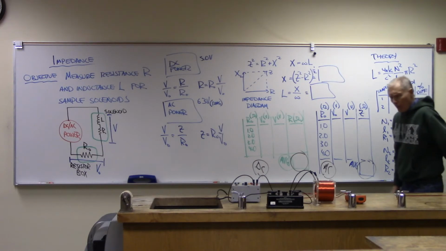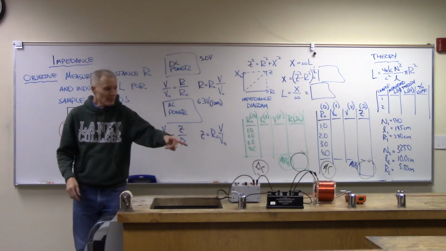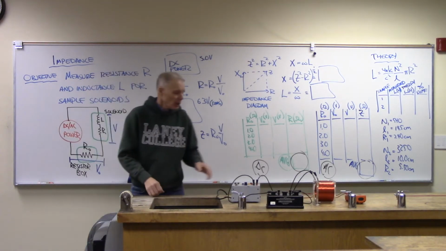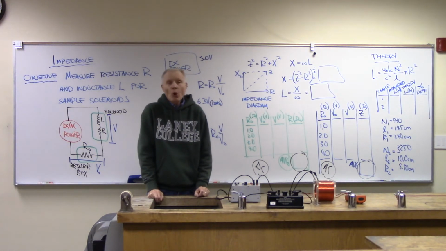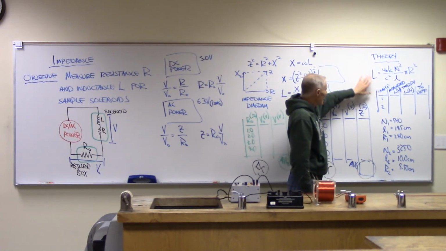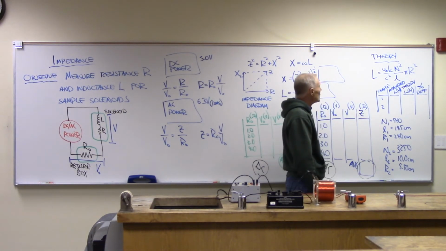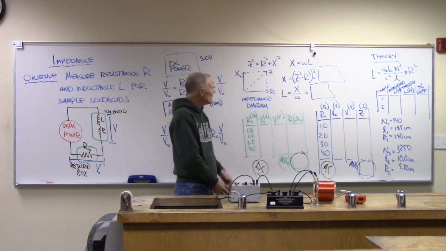Our method here is actually pretty reliable. The resistor boxes are pretty reliable. The voltmeters are very reliable. So we're hoping to do much better than the theoretical value. The theoretical value is just an estimate, and the values we end up with should be very good.